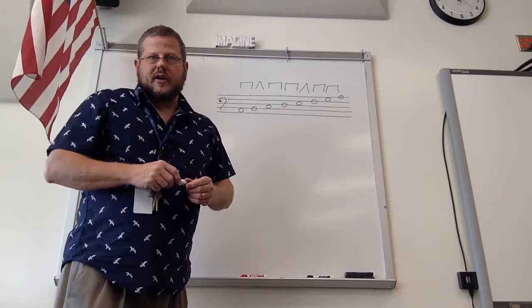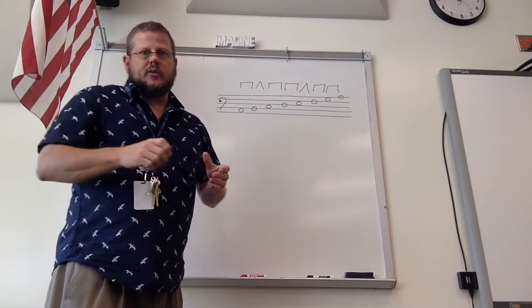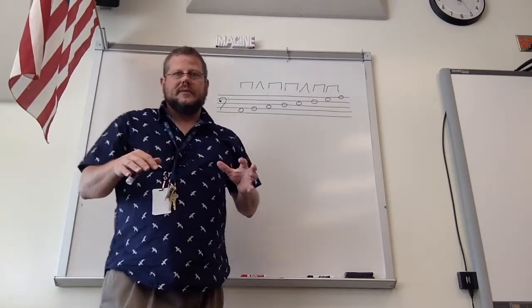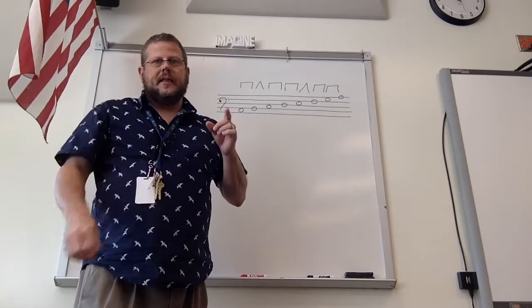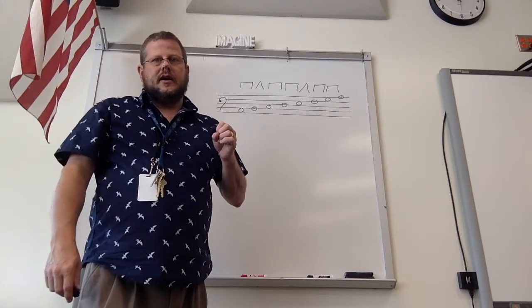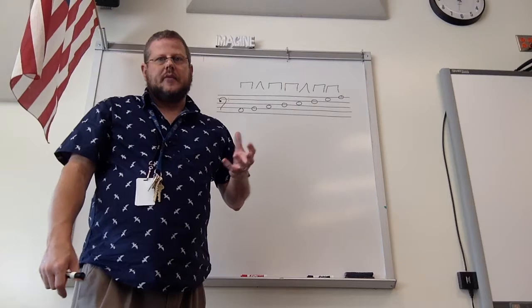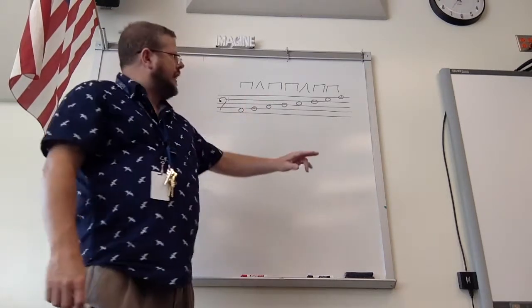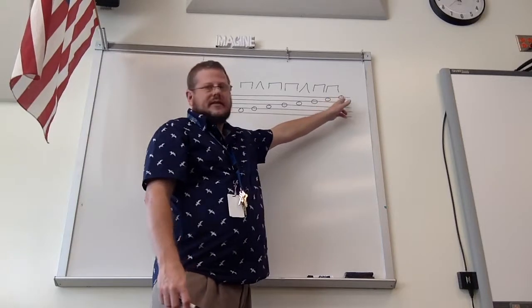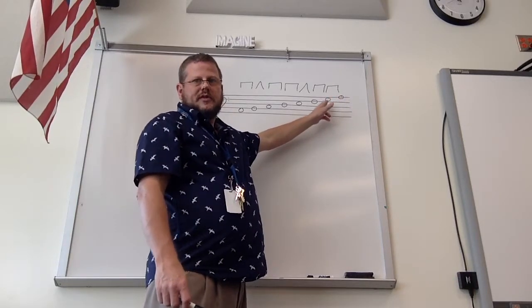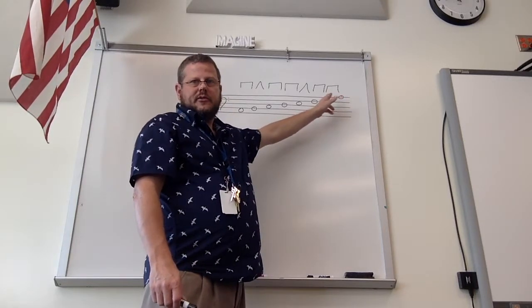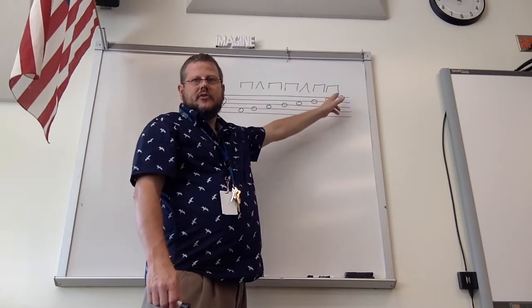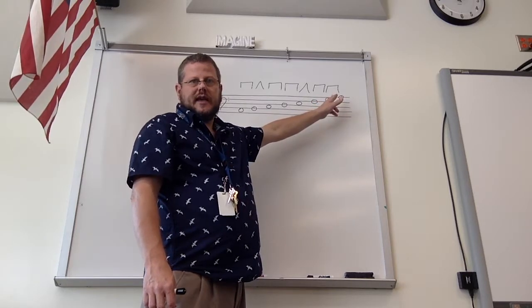But there's two other varieties of minor, and this is what we were short on time for today in class. Composers decided that they wanted the leading tone, that seventh degree of the scale. Notice in the natural minor, it's a whole step between the seventh degree of the scale and back to tonic, or the root of the scale.